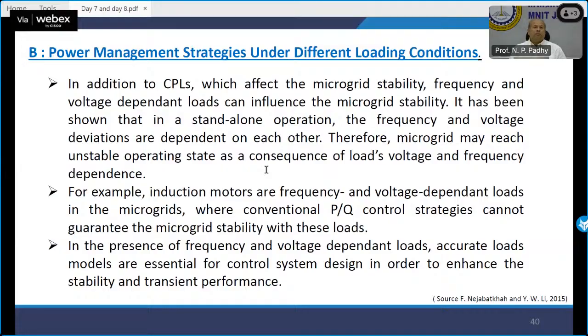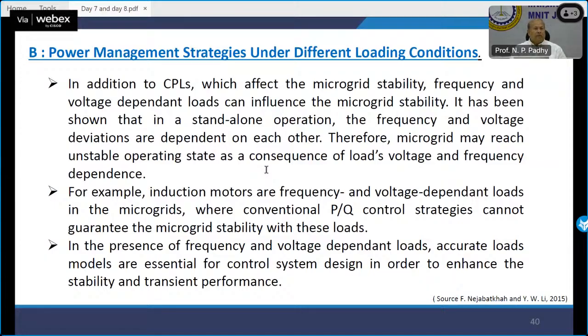In addition to CPLs, which affect the microgrid stability, frequency and voltage dependent loads can influence the microgrid stability very seriously. It has been shown that in a standalone operation, the frequency and voltage deviation are dependent on each other. V and F are linked. Therefore, the microgrid may reach an unstable operating state as a consequence of load voltage and frequency dependence.